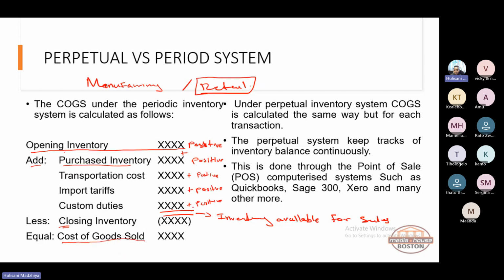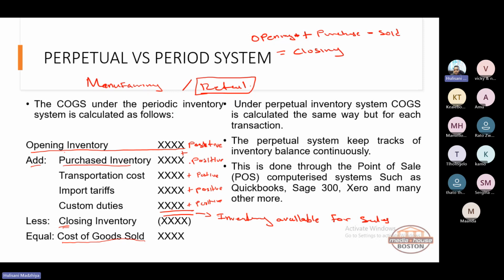In another way, we can also calculate it and say your opening inventory plus your purchased inventory minus sold inventory equals closing.